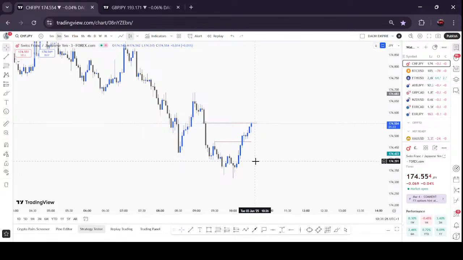Okay, now CHFJPY has gotten to that stage. So for me on CHFJPY, I'll have my first entry. Let me look out for CHFJPY. What's going on?